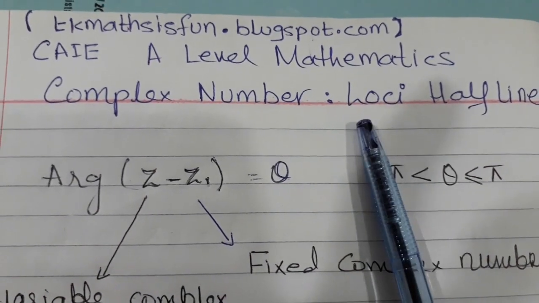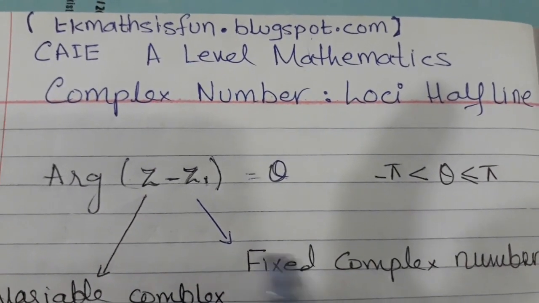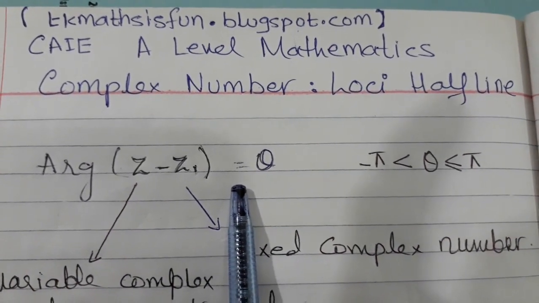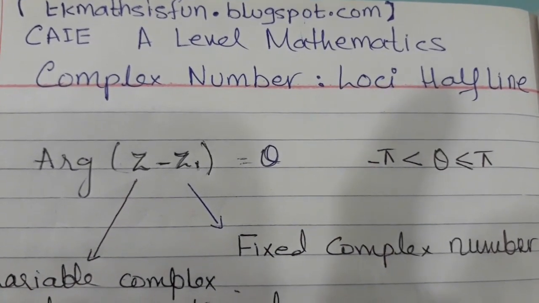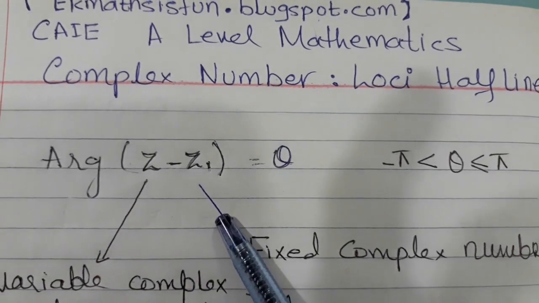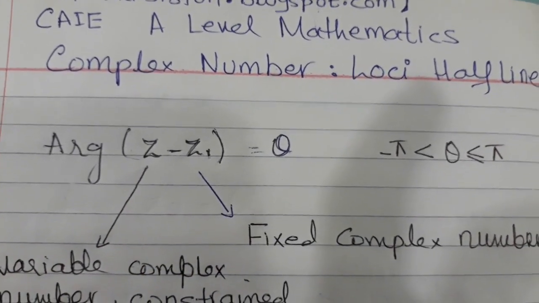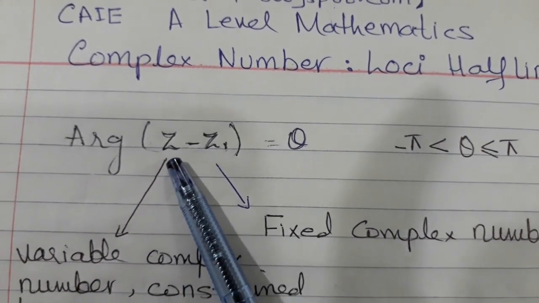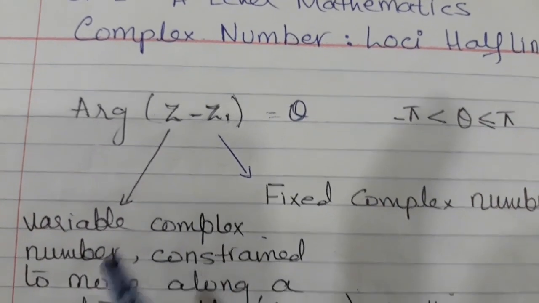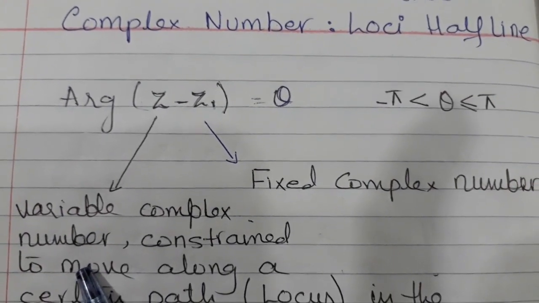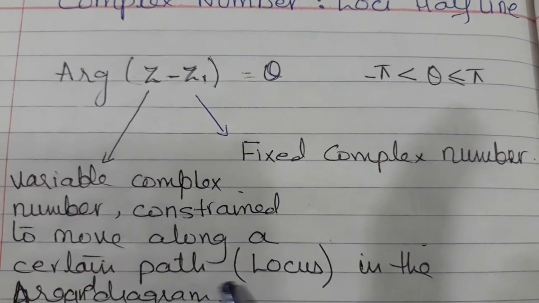Out of the 4 loci which we cover in complex numbers, one is argument of z minus z1 equals theta, and it is also called a half line. Now what is it about and what is the meaning of each symbol here? So z is basically a locus, a path. We say it is a variable complex number which is constrained to move along a certain path.